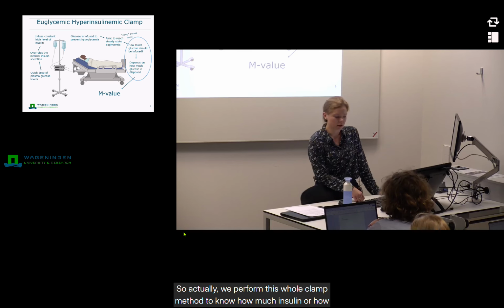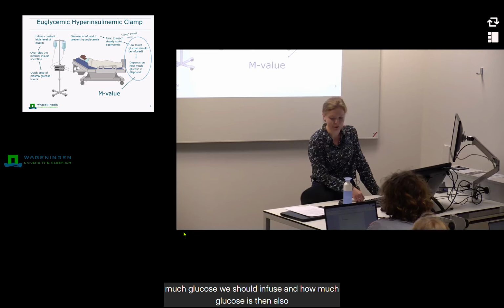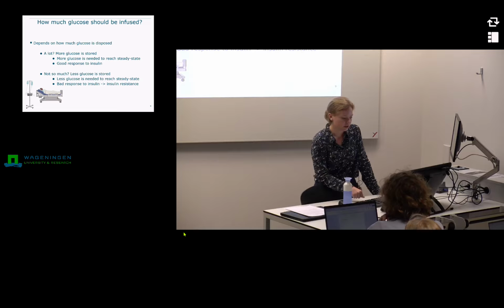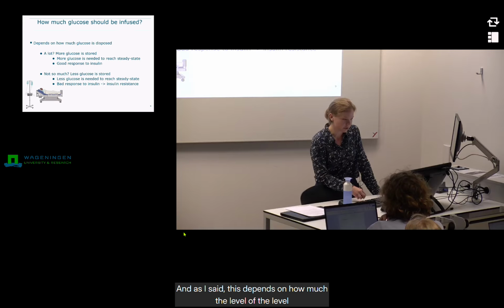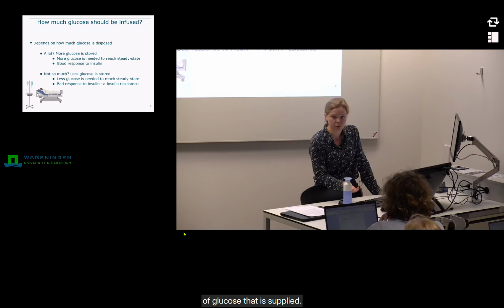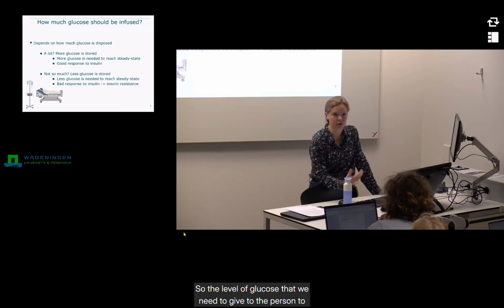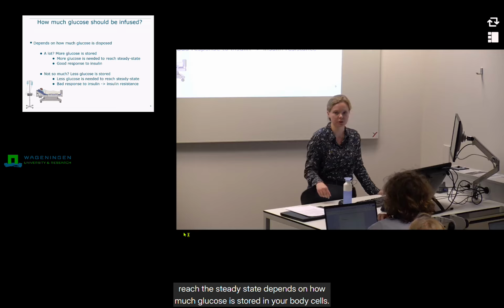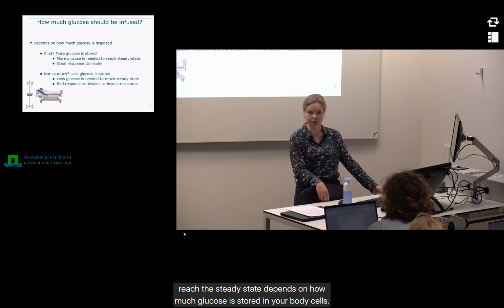So actually we performed this whole clamp method to know how much glucose we should infuse, and how much glucose is then also stored in someone's cells. And as I said, the level of glucose that we need to give to the person to reach the steady state depends on how much glucose is stored in your body cells.